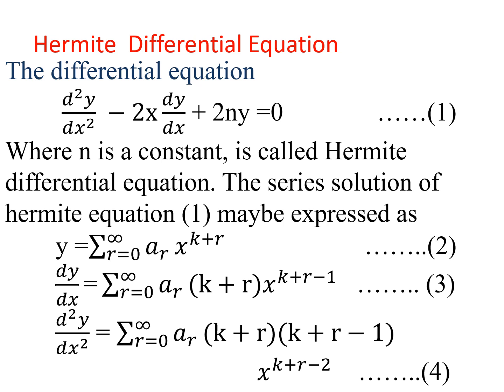d squared y by dx squared is equal to summation r varies from 0 to infinity. This is a constant, therefore a_r (k plus r), differentiate this, (k plus r minus 1) into x power k plus r minus 2. This is equation 4. Substitute these 2, 3, 4 in 1.